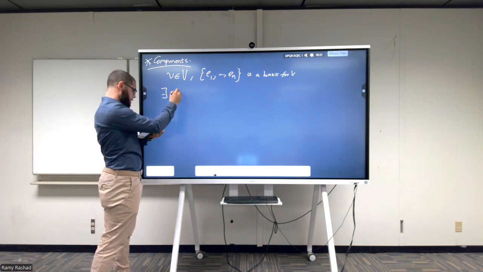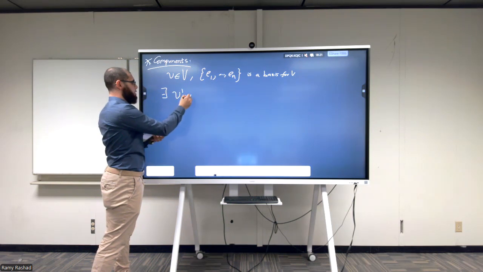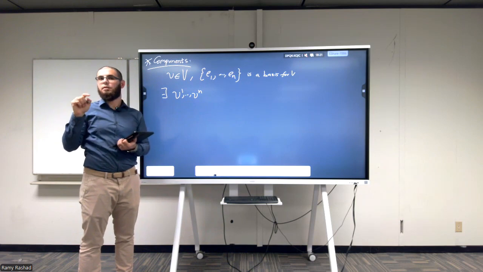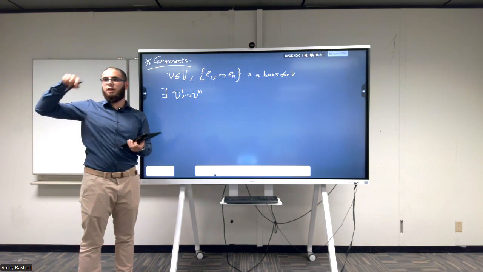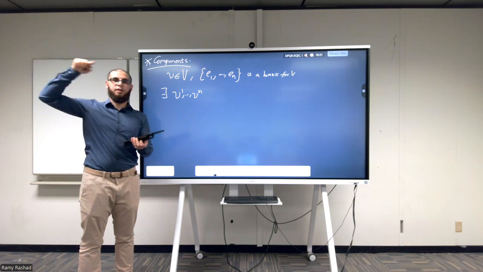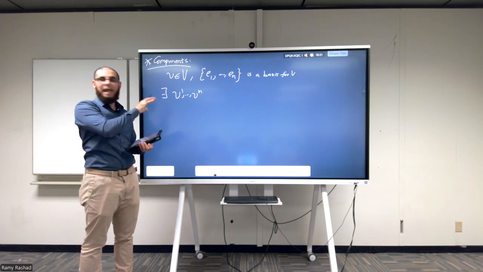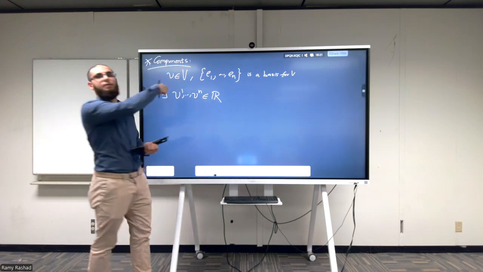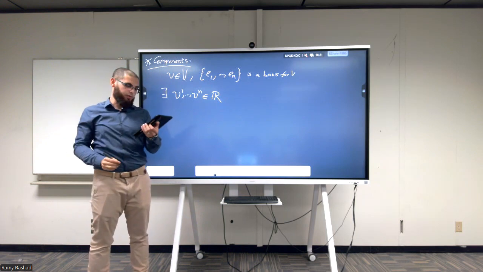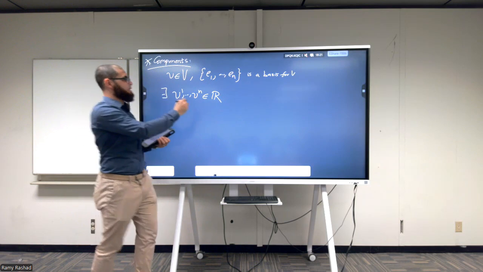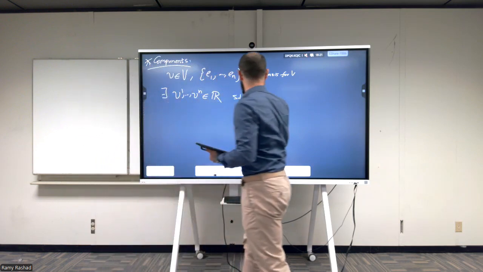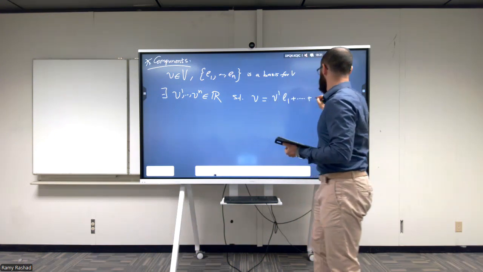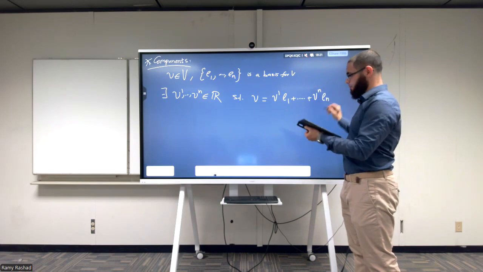These constants are V1 up to Vn, index up. This is just an index, it's not an exponent, so V1 and V2 is not V squared and so on. These are just indices, names of these constants. Each one of these belongs to R. So we assume here that V is an R vector space, which is what we're going to be doing from now on. These exist such that V can always be written as V1 multiplied by E1 plus up to Vn multiplied by En.